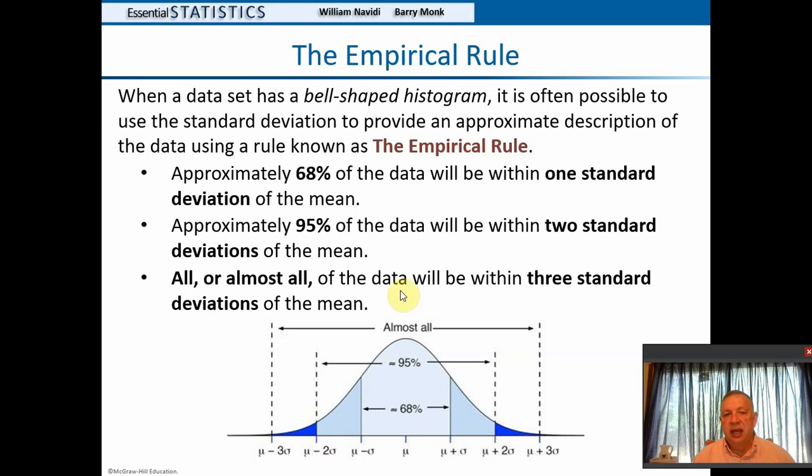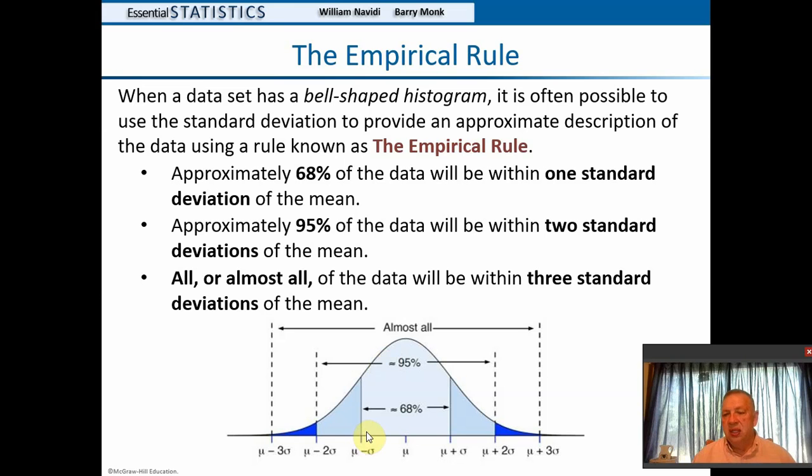And then finally, almost all of the data would be within plus or minus 3 standard deviations of the mean. So 50 plus 3 times 10 is 80, and 50 minus 30 is 20, so between 20 and 80.